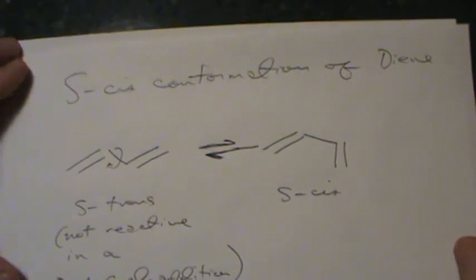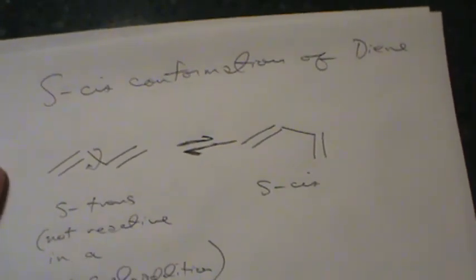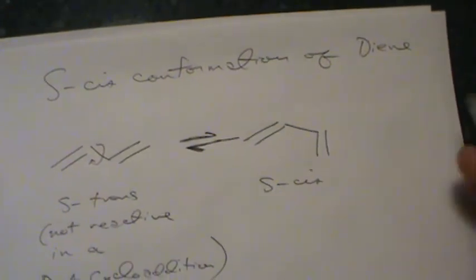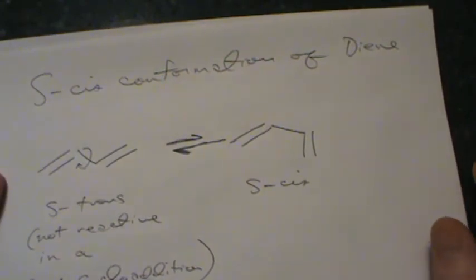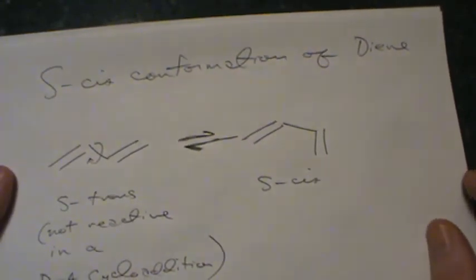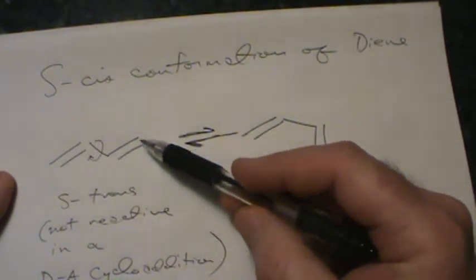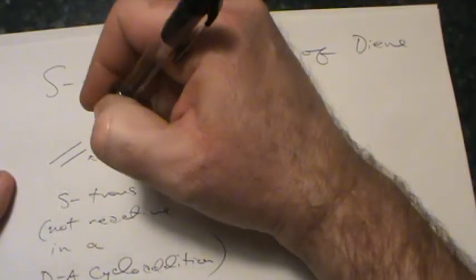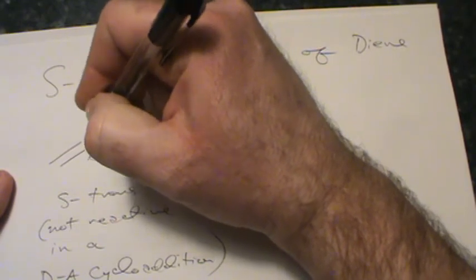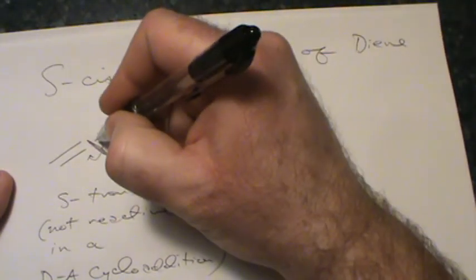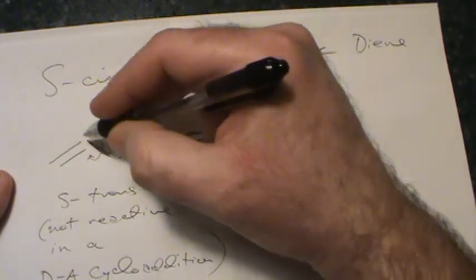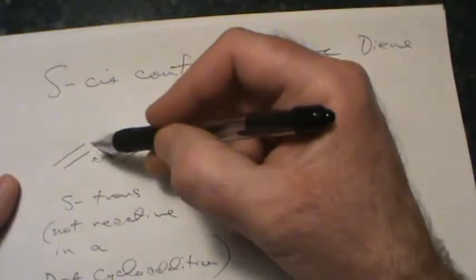Well, I've been talking about this S-cis conformation, which is required for our butadiene, our diene molecule that we've used in these Diels-Alder reactions. Most of the time when we show butadiene, we show it like this. And what I want you to think about is this single bond right here in the middle of the molecule. It does have a little bit of pi electron character because it's a conjugated pi system.